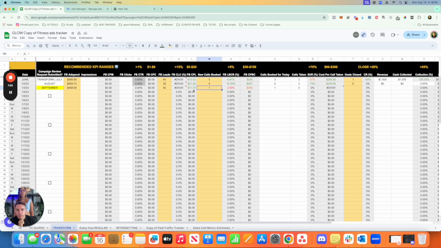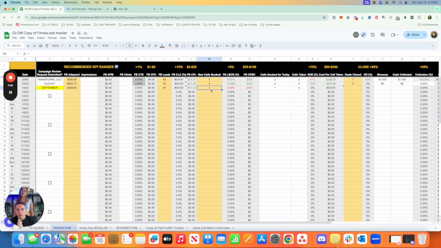All right, so what I'm seeing here is she's got a lot of leads, but not a lot of book calls. So the first thing I would do is look into what's going on with the messaging. Why were you booking calls in August and July, and now suddenly your cost per lead drops? You're paying lower than July, which is weird. It usually goes higher, and your book calls are less.